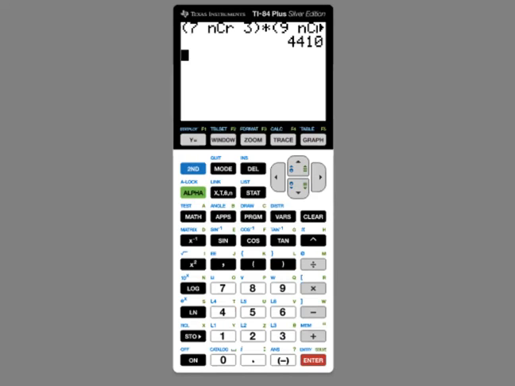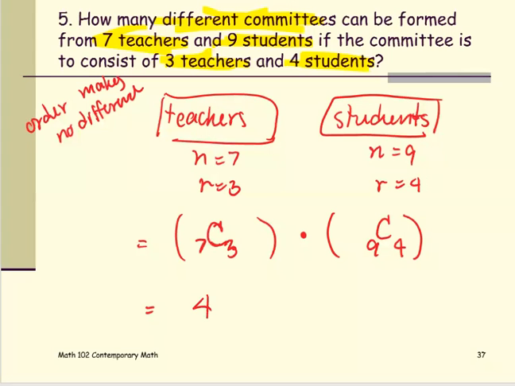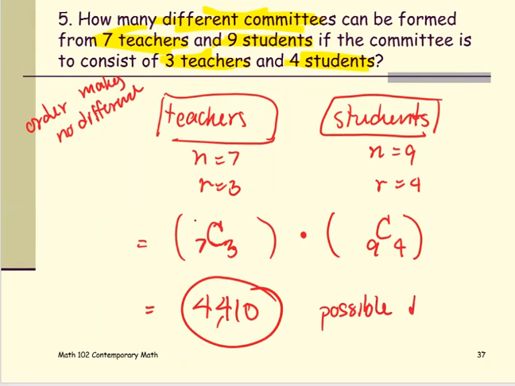So we get the total possible ways as 4,410. So this is gonna be the possible number of different committees.